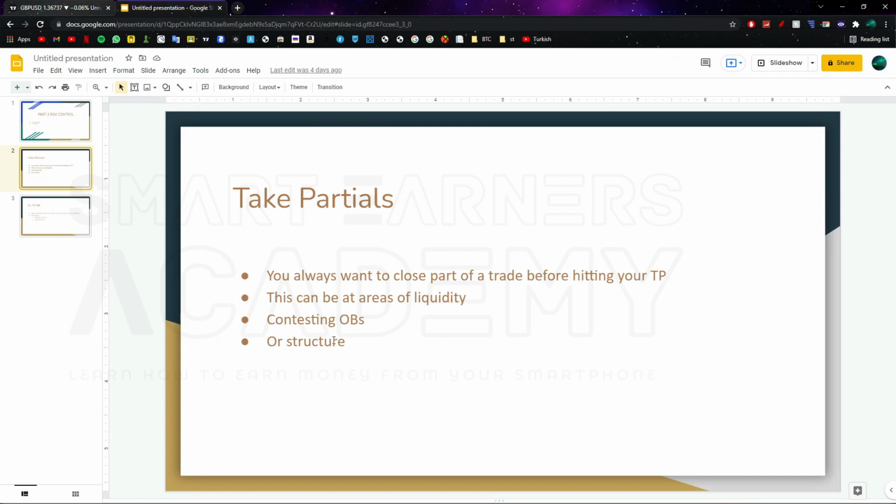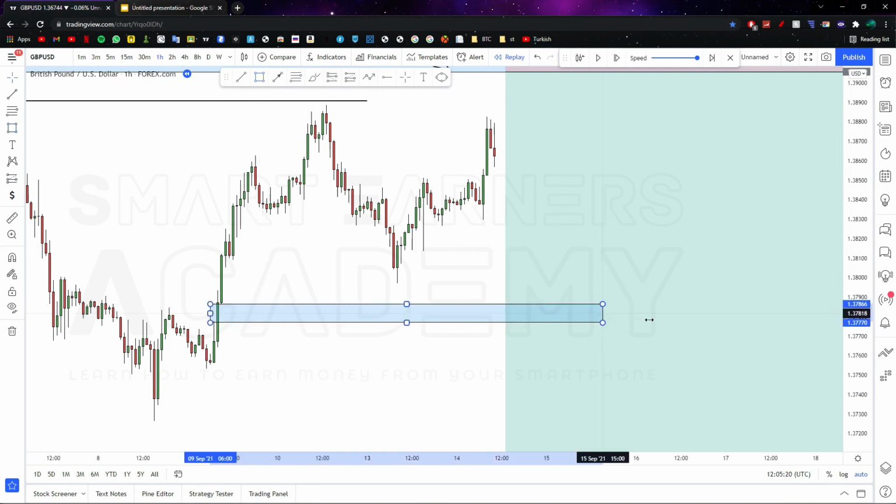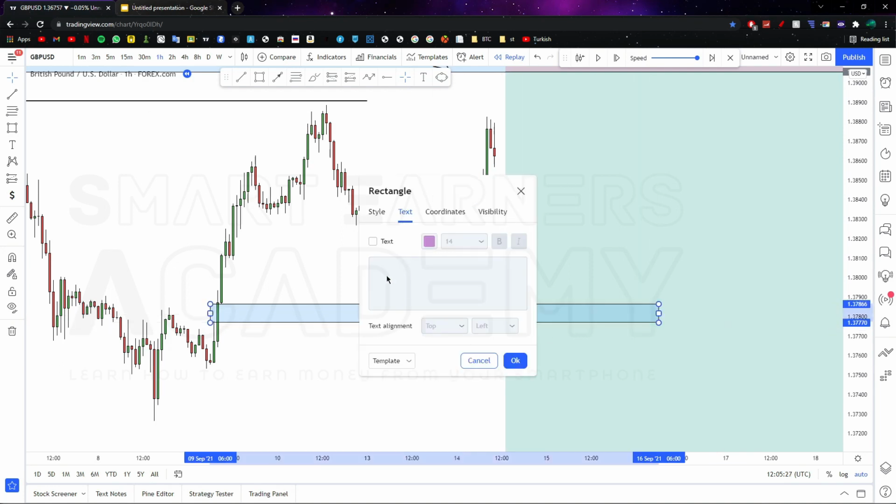So we'll start with structure, right? So this could be liquidity or imbalances and so on. We'll begin with imbalance, right? There's a lovely imbalance right here that we can set our TP1 at. So I'll just mark this out.